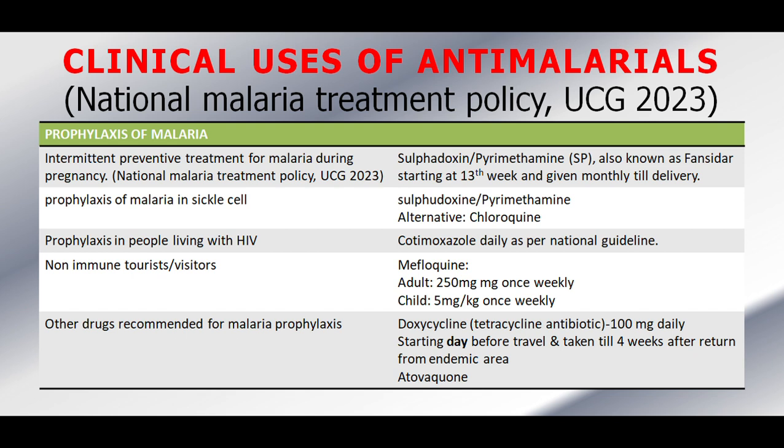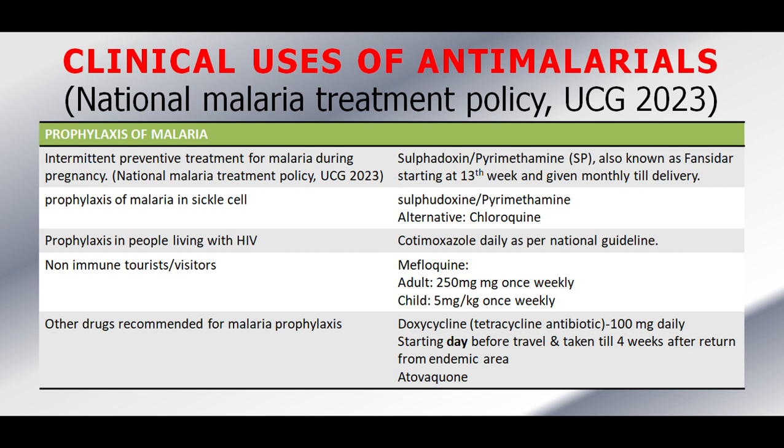Usually cotrimoxazole daily is given as per national guideline. Then we have non-immune tourists or visitors, especially those coming from Europe into the country. Now, malaria is a tropical disease, so sometimes they come and they're exposed to malaria. So what we do, we give mefloquine.